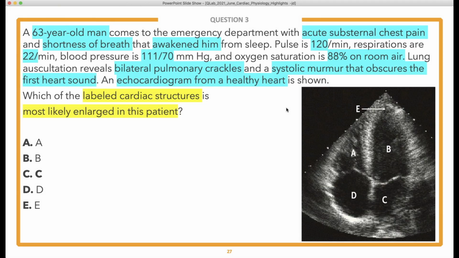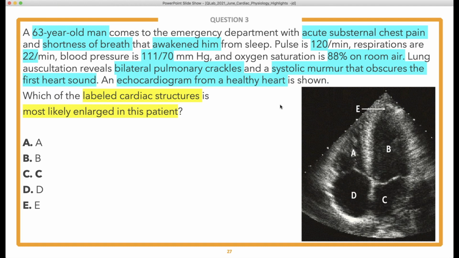Paris: Thank you, Sean. Yeah, definitely a tough question, but one that nicely utilizes a multimedia image here. So what's going on in this question? Remember how I told you it's important to take note of why the patient came to the ER, to the clinic, to the hospital? So this patient came with acute substernal chest pain and shortness of breath.